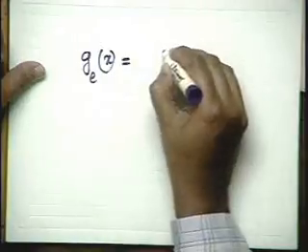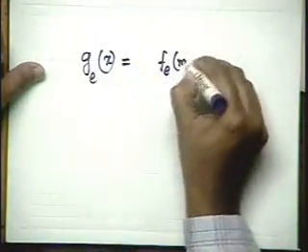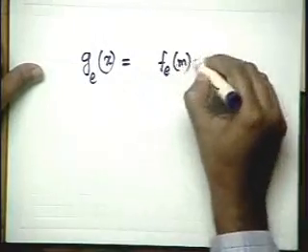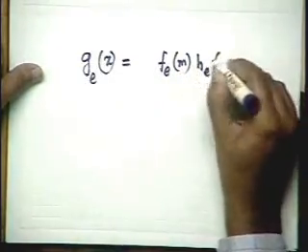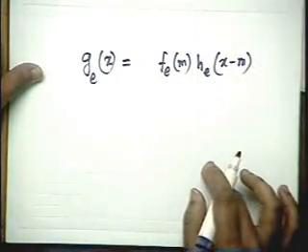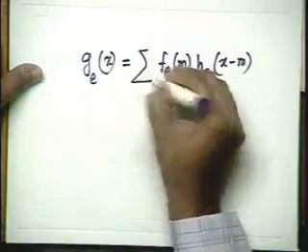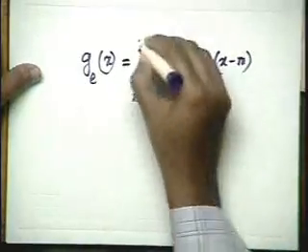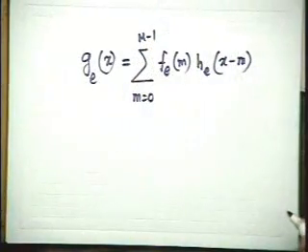This is to be written as a discrete convolution. So what is the expression that we will be using? f e of m, with a variable m over here, multiplied by h e of x minus m. Is this enough? No, we have to do a convolution, so instead of integrating, which we were doing in the continuous domain, we must do the summation in the discrete domain. So this must be summed up for m equal to 0 to capital M minus 1 in one dimension.